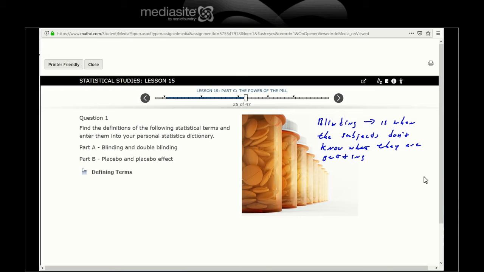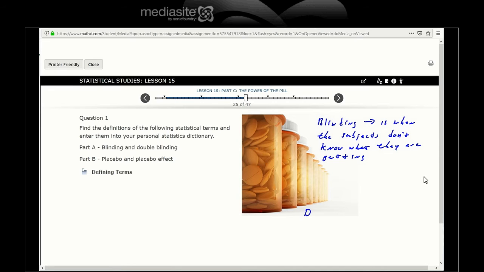So there's two, three or more treatments going on. Blinding is when the subject doesn't know if they're getting the placebo, the low dose, the medium dose, the high dose. Okay. So blinding is when one of the entities doesn't know what they're getting. In this case, the subjects.